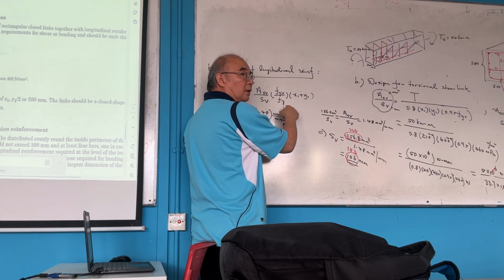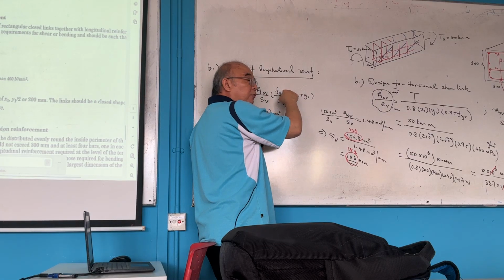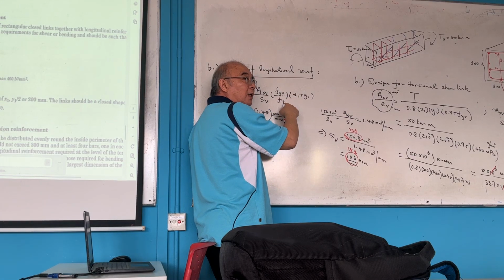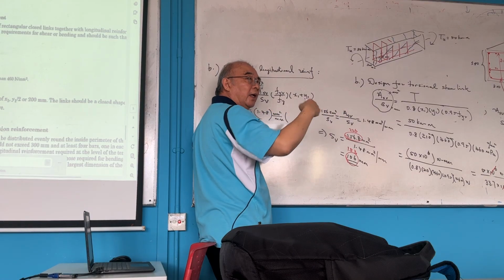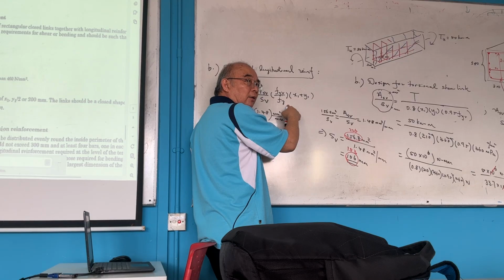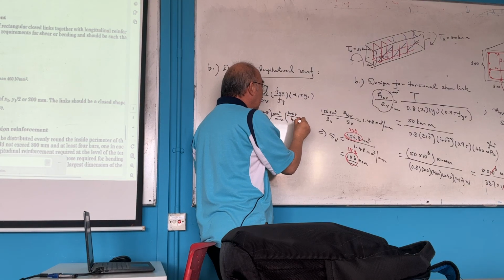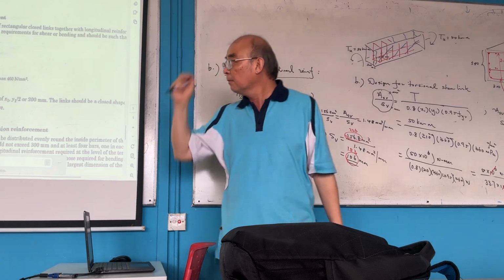FYV over FY. FYV is the rebar grade for the link. FY is the rebar grade for the longitudinal bar. If they are the same, then this ratio will be equal to 1. So let's say if this is 460, this is also 460, then the ratio is equal to 1.